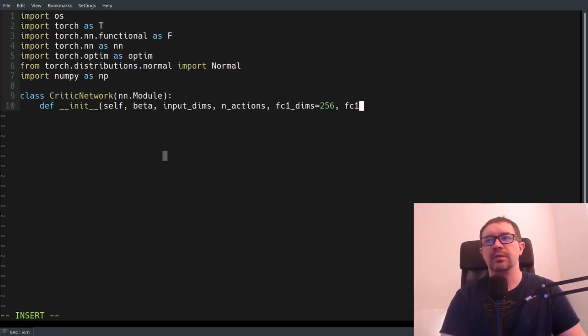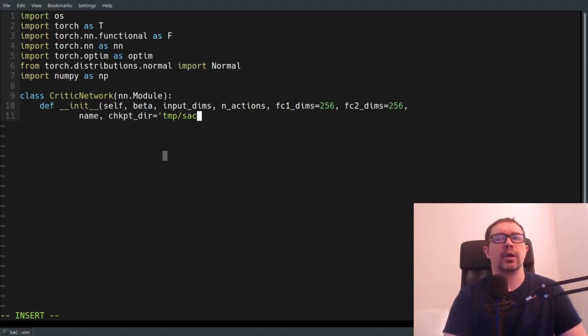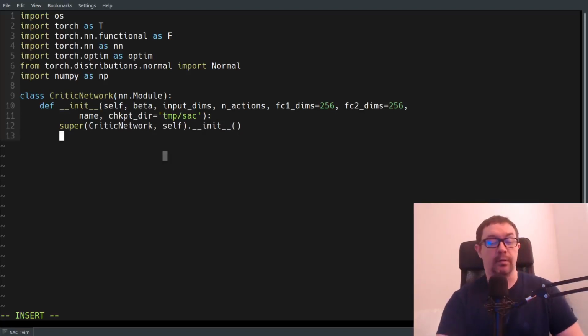So we're going to just default these to 256 because that's what they use in the paper. A name for model checkpointing and a checkpoint directory. And the first thing we want to do is call our superconstructor and start saving our parameters.